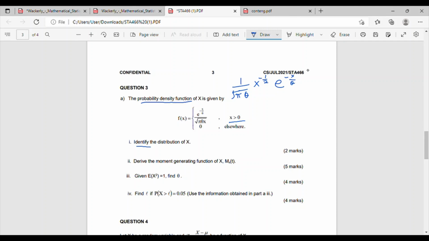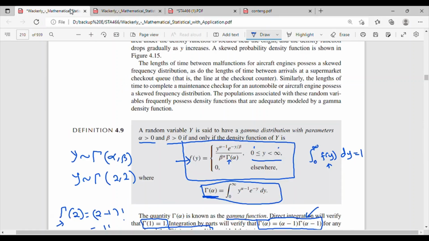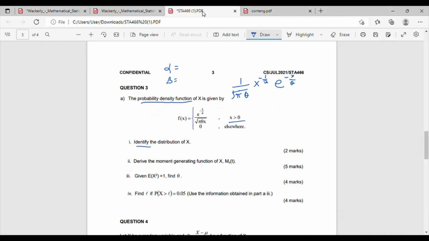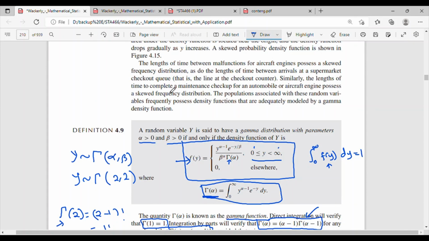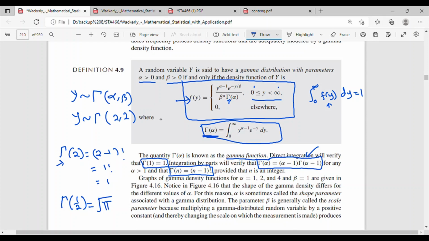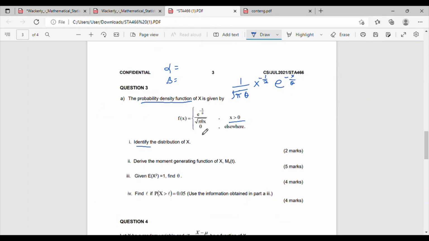So gamma kena tahu dia punya parameter. Alpha berapa? Beta berapa? Okay, let's compare lagi sekali. So here beta power of alpha. What is beta? What is alpha? Dan gamma alpha. Macam saya beritahu tadi, this part kan? Gamma half adalah square root of pi.